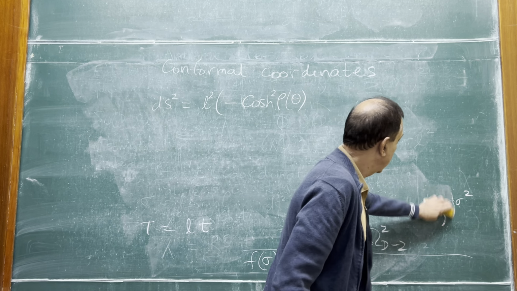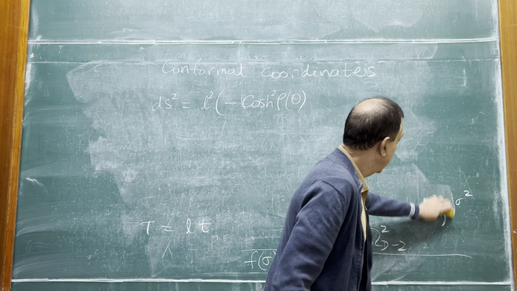The next term, which was d rho squared, I'll write as (d rho by d theta) squared d theta squared.